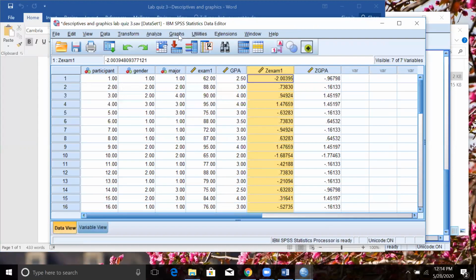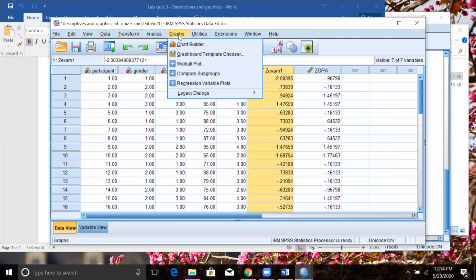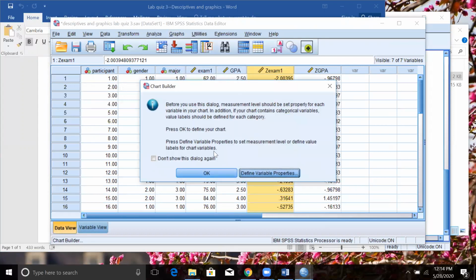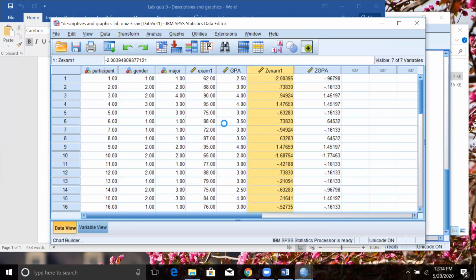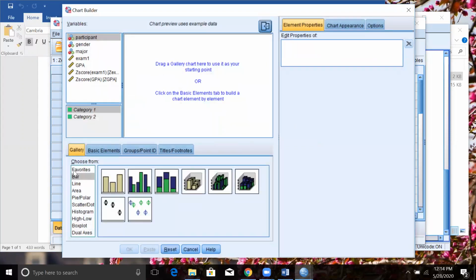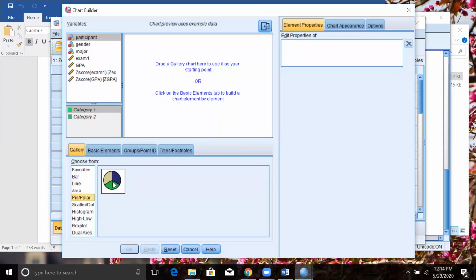To create your chart, you're going to go to Graphs, Chart Builder. If you ever see this dialog screen, just click OK. You don't need to do anything here. To create a chart, you need to select which one you want. Pie chart.